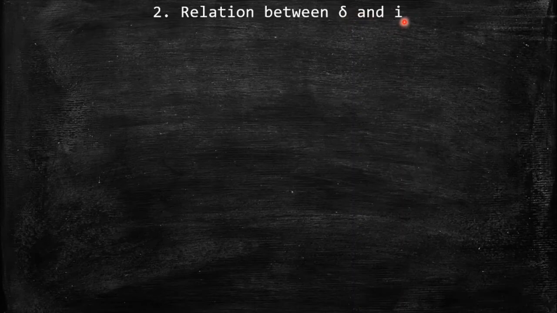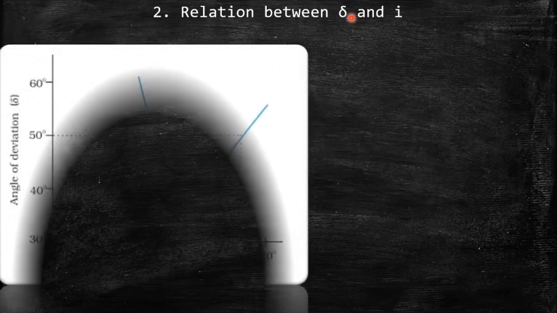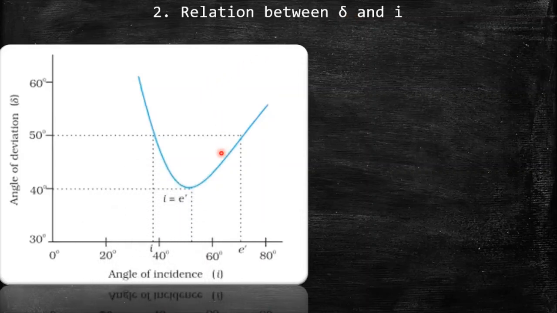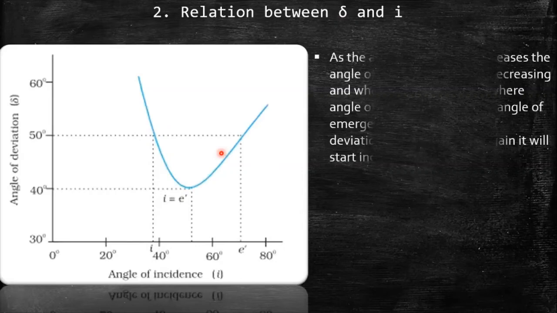And what did they find? Well, they found that with respect to angle of incidence I, the angle of deviation delta certainly changed. And when they plotted all their observations, this is the graph that they found out.